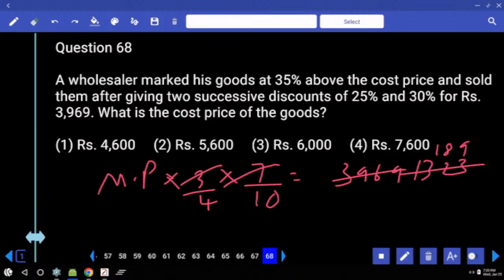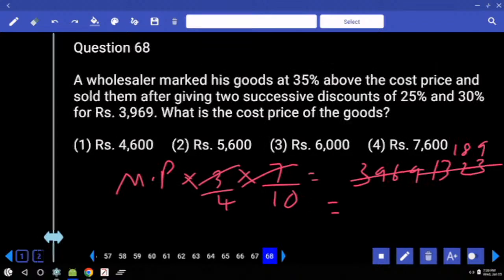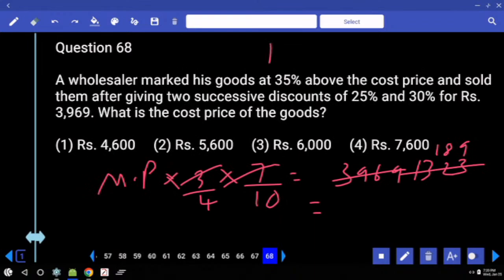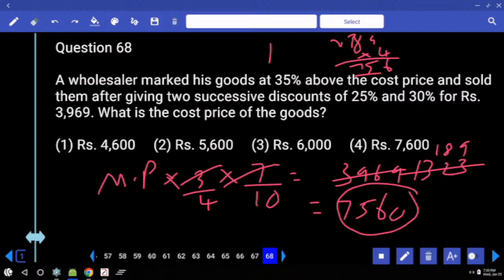189 into 4, how much are you getting? 189 into 4, anyone please? 7560. This is the mark price, yes or no? With the 2 discounts it has got 3969, but it says the wholesaler marked the goods 35% above cost price. What is the cost price?